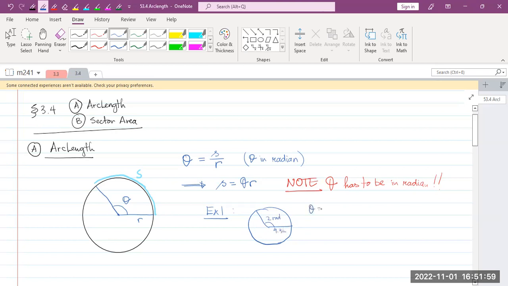So theta is 2 radian, the radius is 4.3 inches. What is the length of this arc here? Then the arc length equals theta times r, which is 2 times 4.3, that is 8.6 inches. Just like that. That's simple.